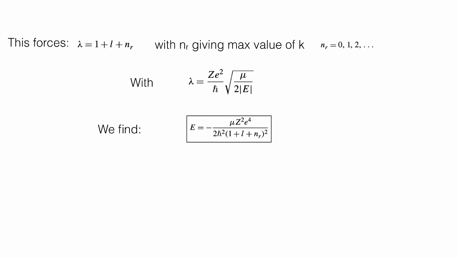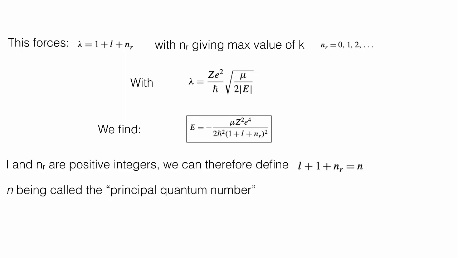Okay? l takes any value from 0 to a very large number, and n_r also goes from 0 to any number. In other words, the 1 plus l plus n_r can be written as n, which goes from 1 to infinity in steps of 1. So we can write it this way.